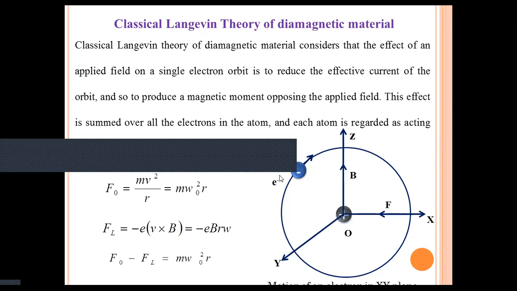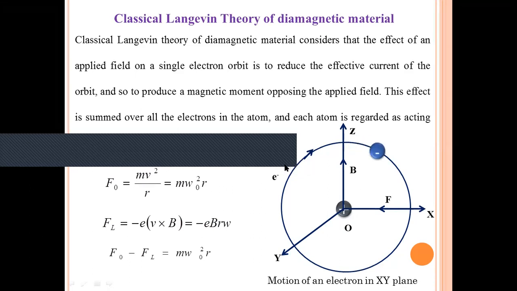This is a derivation for the magnetic susceptibility of diamagnetic material. Here, you know, when an electron moves around the nucleus, it generates a current. This current is also a circulating one. When the circulating current generates a magnetic field, then we can say this is the atomic magnet.